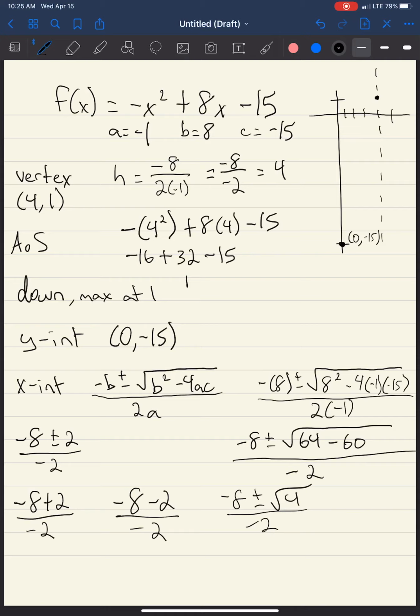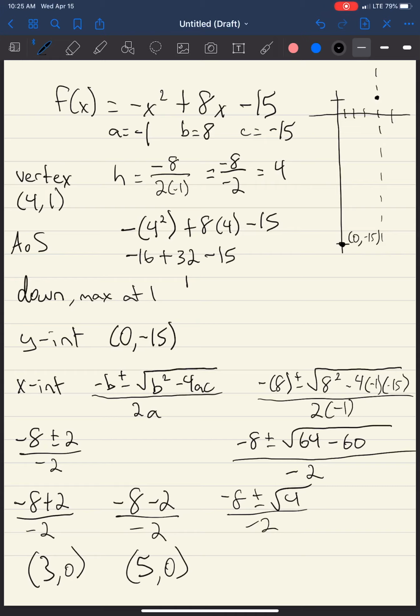Negative 6 over negative 2 is positive 3. And then for my other one, negative 8 minus 2 is negative 10. Negative 10 divided by negative 2 is positive 5. So my x-intercepts are going to be 3, 0, and 5, 0.